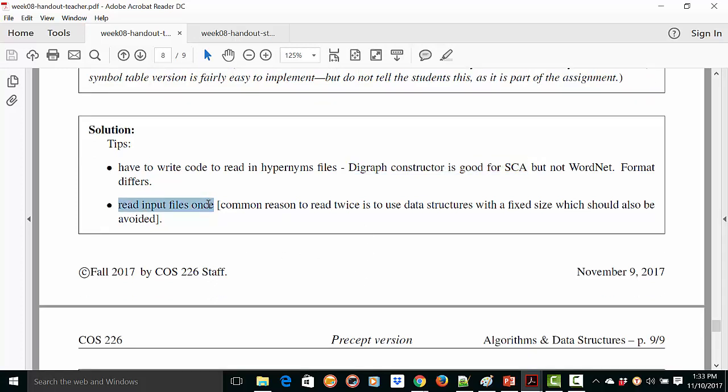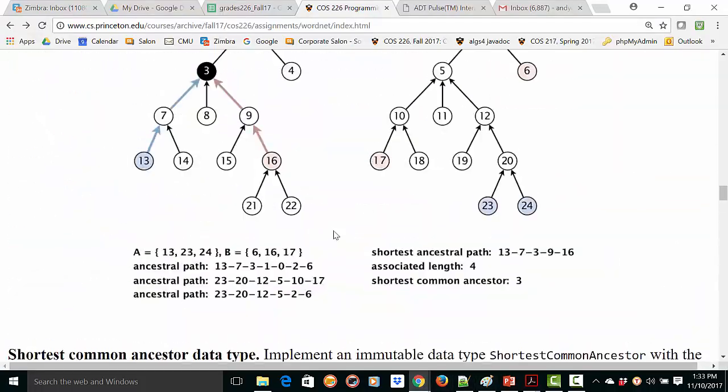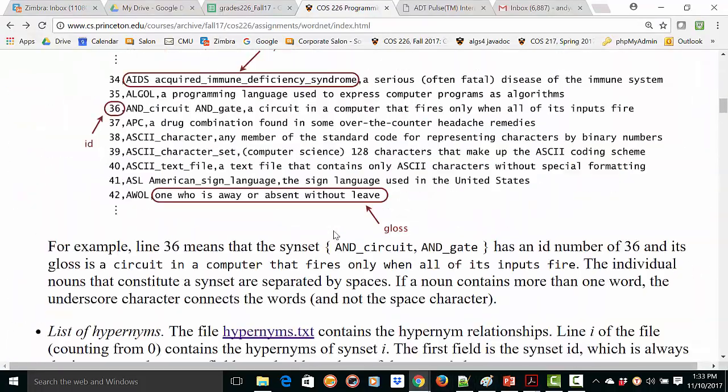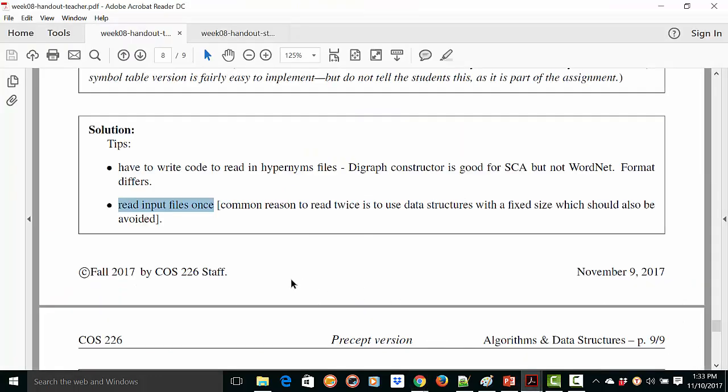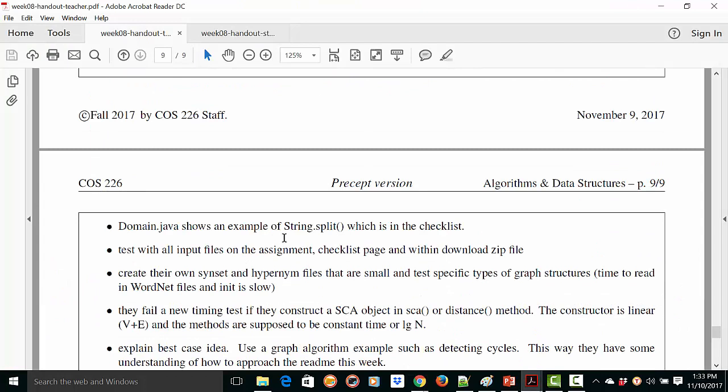For example, when you read the synsets, you may want to know how many things you get. In the synsets file, as you read, you can find out how many IDs there are, and that number is the number of vertices for the next file you have to process. And there's also String.split, which will be useful for splitting strings.